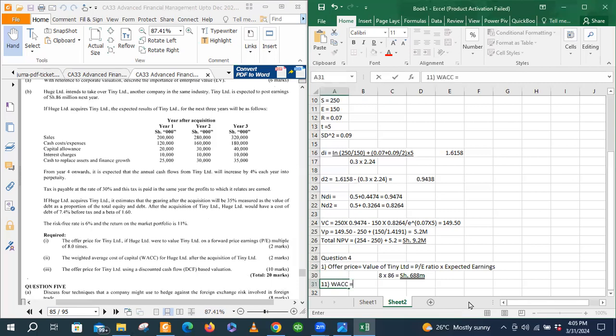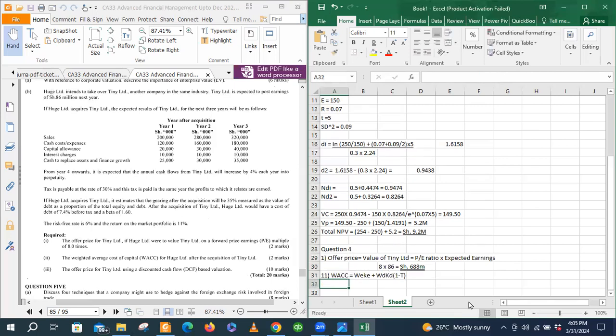WACC equals We times Ke plus Wd times Kd adjusted for tax, 1 minus T. We have the weight of equity 0.65. Now, equity should be 0.35 and debt 0.65?